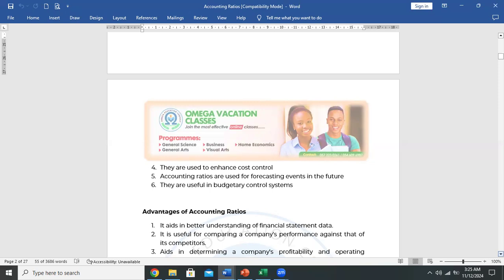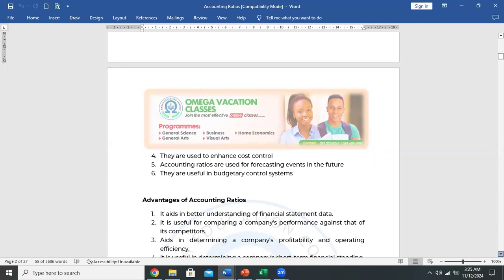For example, if this year you have made 20% of your sales as profit, then the following year you can predict and say maybe I will do 25%, right? So these are some of the usefulness and advantages of accounting ratios.